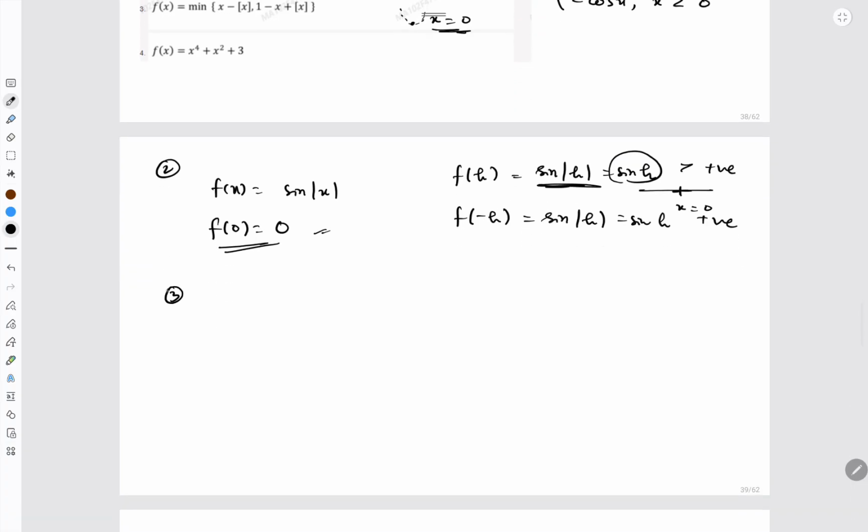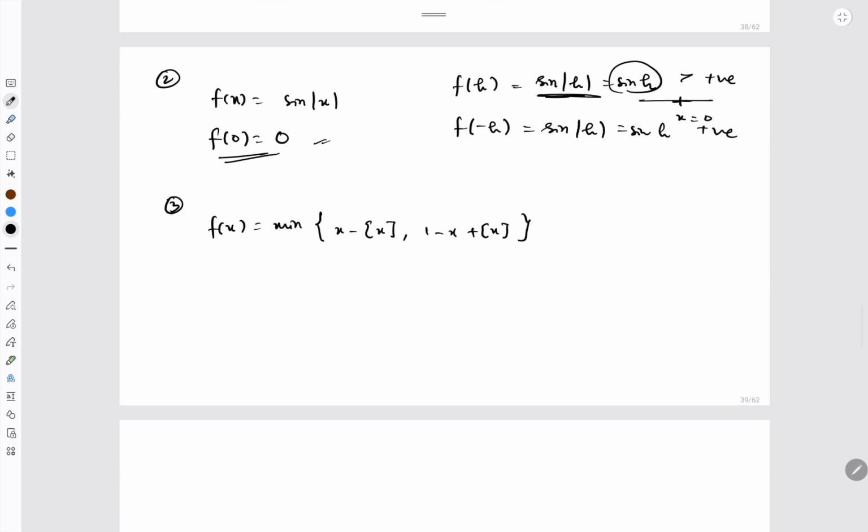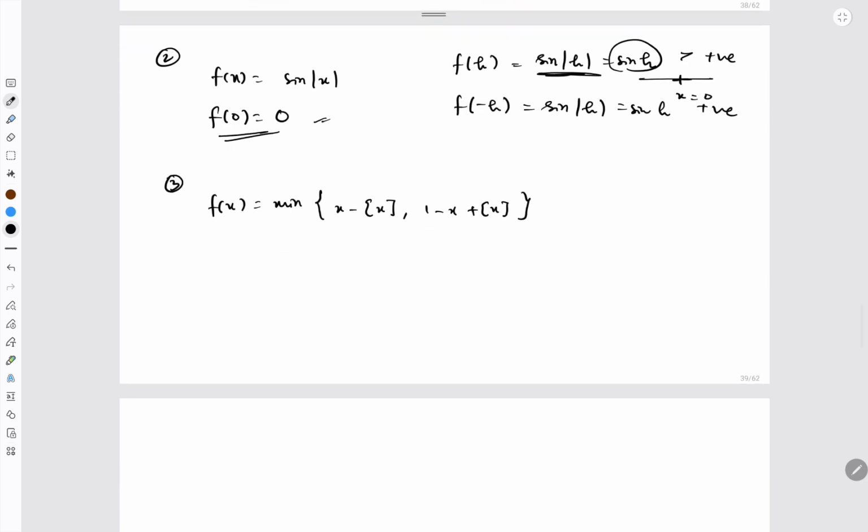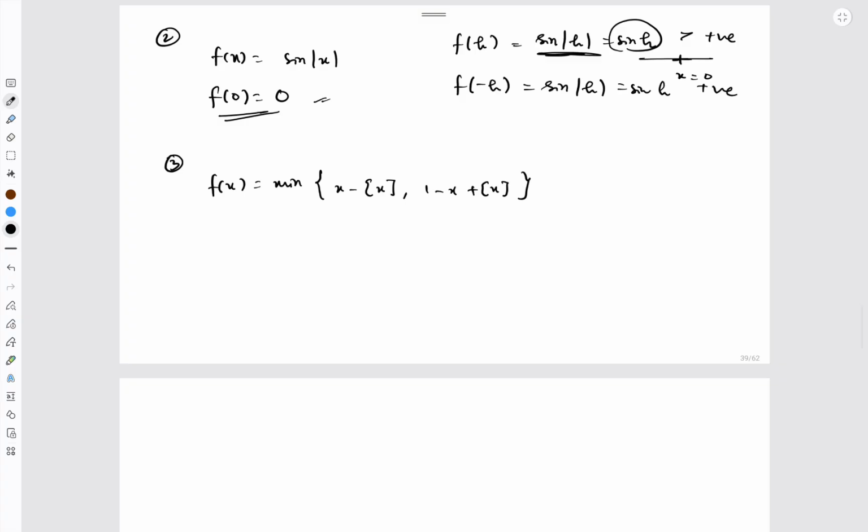Now the third option is f of x is min of x minus GIF x, 1 minus x plus GIF x. So a similar logic we can follow. We can draw the graph as well, but there is no need of graph drawing. So what is the value of f of 0?